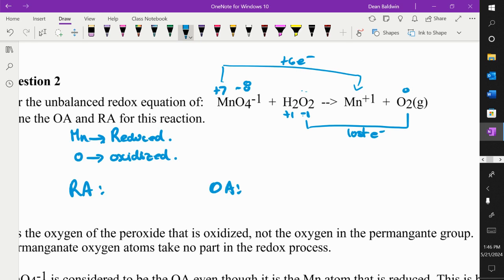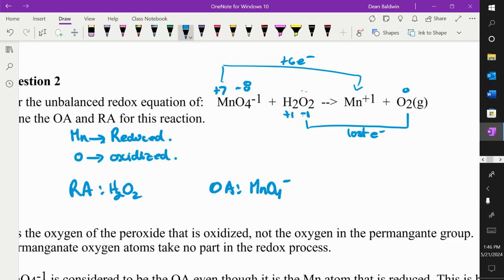So the hydrogen peroxide is the reducing agent. The oxidizing agent is the thing that caused the other thing to be oxidized. What caused H2O2 to be oxidized, or oxygen to be oxidized? We want to say Mn, but because it's a polyatomic, it's bound together, we say the whole molecule. So the oxidizing agent is MnO4 minus, permanganate ion.